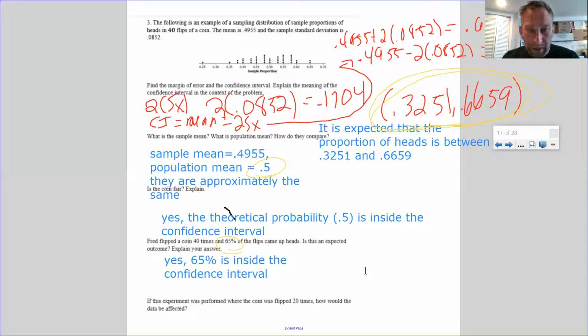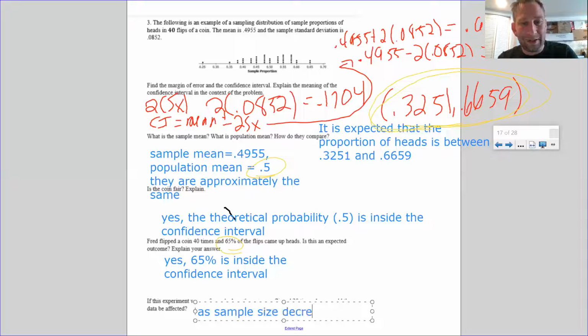If the experiment was performed where the coin was flipped 20 times, how would the data be affected? So this was the result from 40 flips. As the sample size decreases, the mean relatively stays the same.